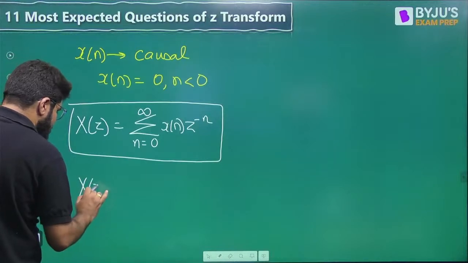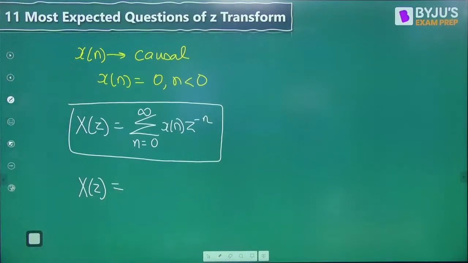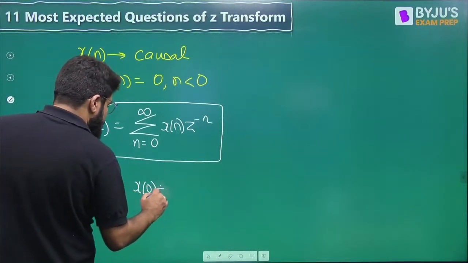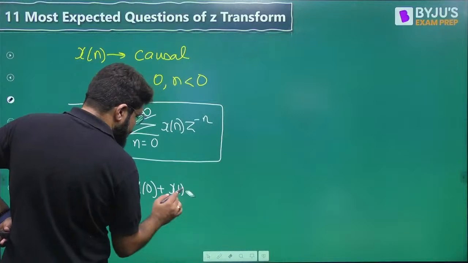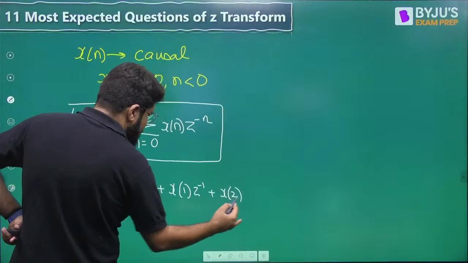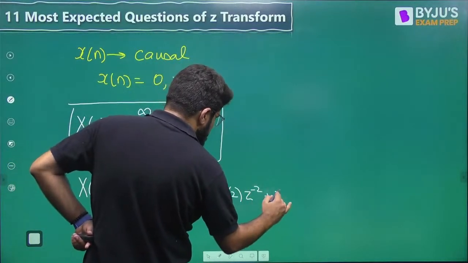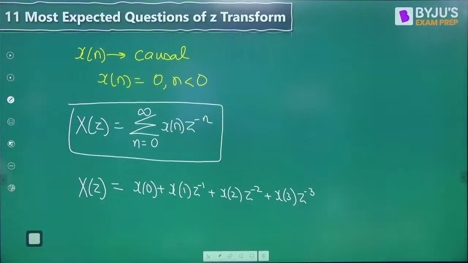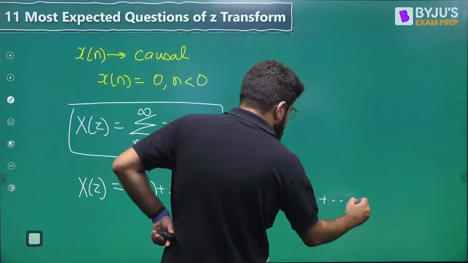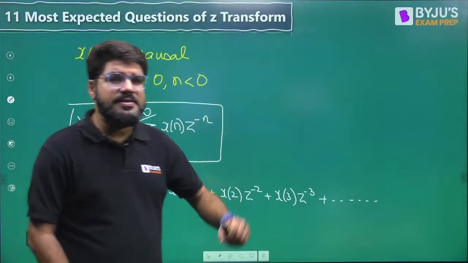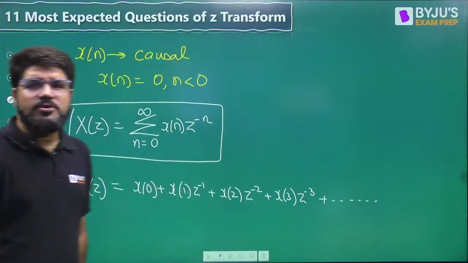Now let us open up this summation, guys. Try to understand. This will become x of 0 plus x of 1 z power minus 1 plus x of 2 z power minus 2 plus x of 3 z power minus 3, and so on. That is x0 plus x1 z inverse plus x2 z power minus 2 plus x3 z power minus 3 and so on.